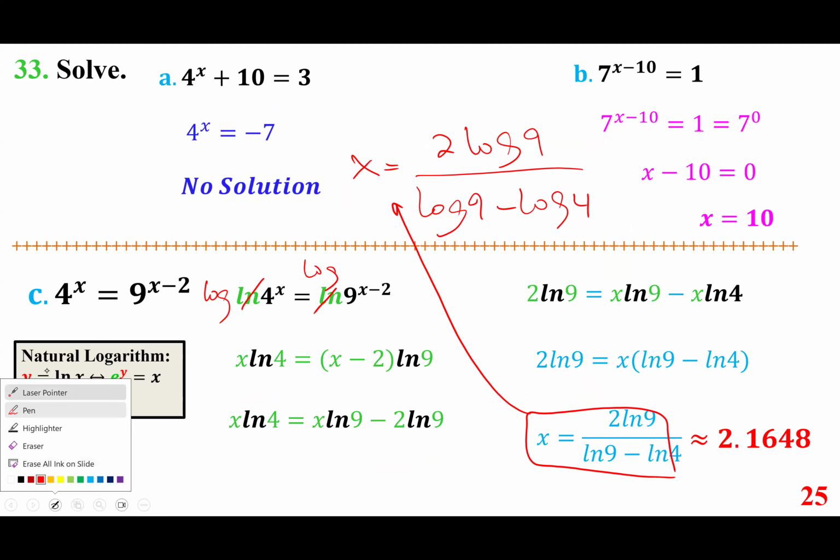Okay? We are not saying 2 ln9 is the same as 2 log 9. No, we are saying this ratio and this ratio are identical. So in this case, whether you take a natural log or a common log makes no difference. But as I mentioned, if any of the base was e, you must use natural log. If any of the base is 10, you must use common log. Okay.